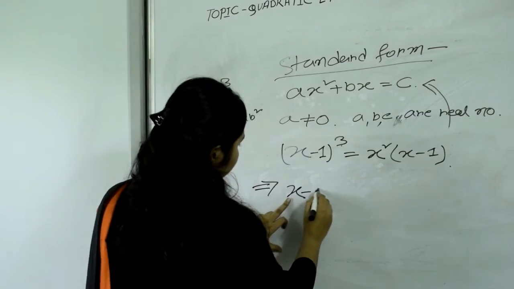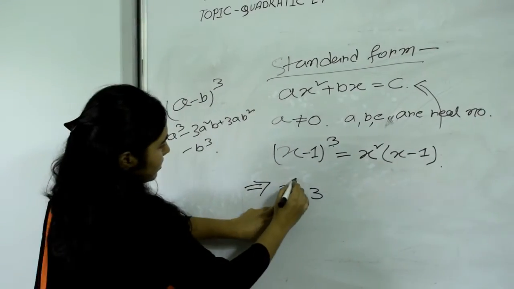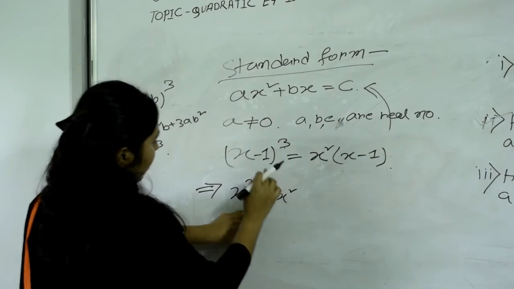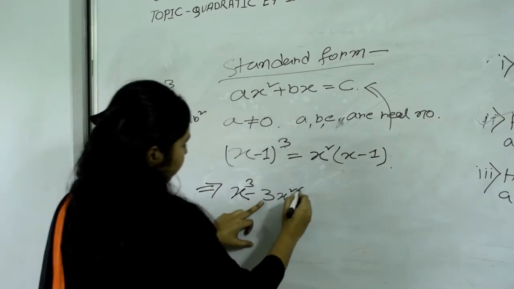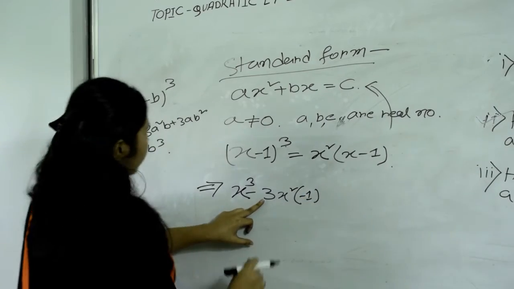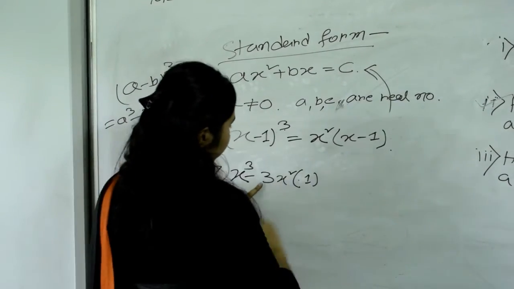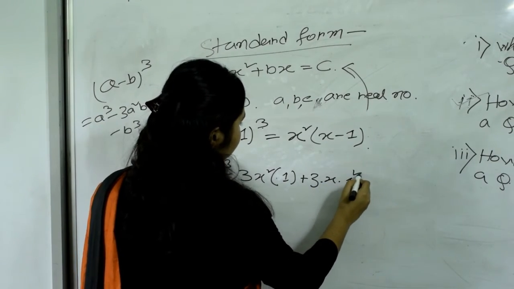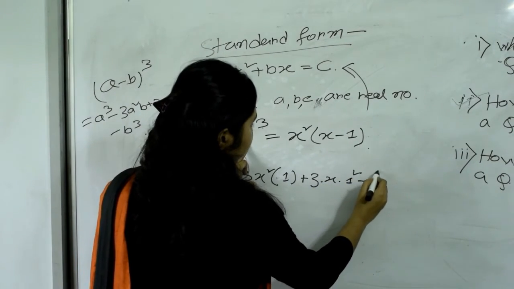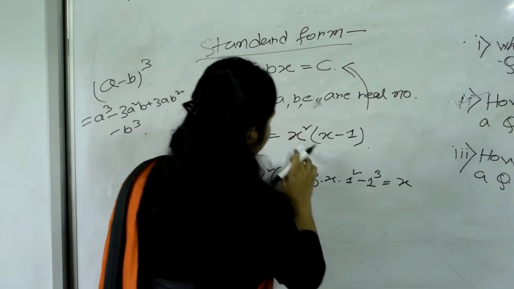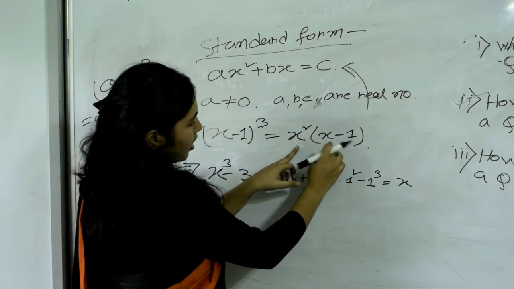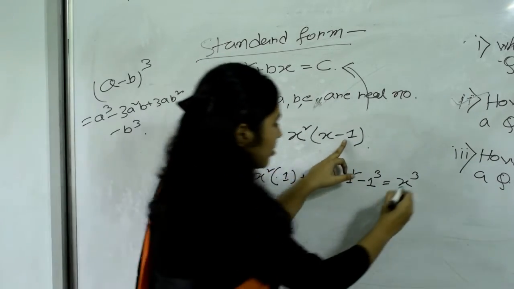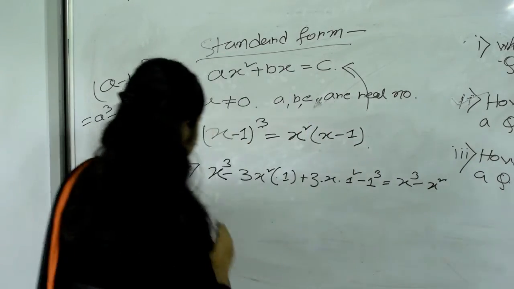So first x cube minus 3a square b, sorry, 3x square into 1, plus 3ab square minus b cube. This is equals to multiply x square into x is x cube and x square into minus 1 is minus x square.